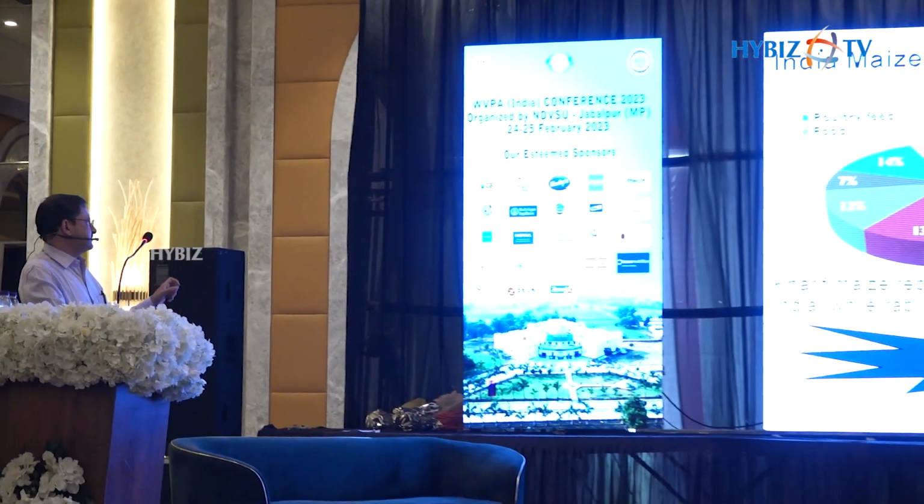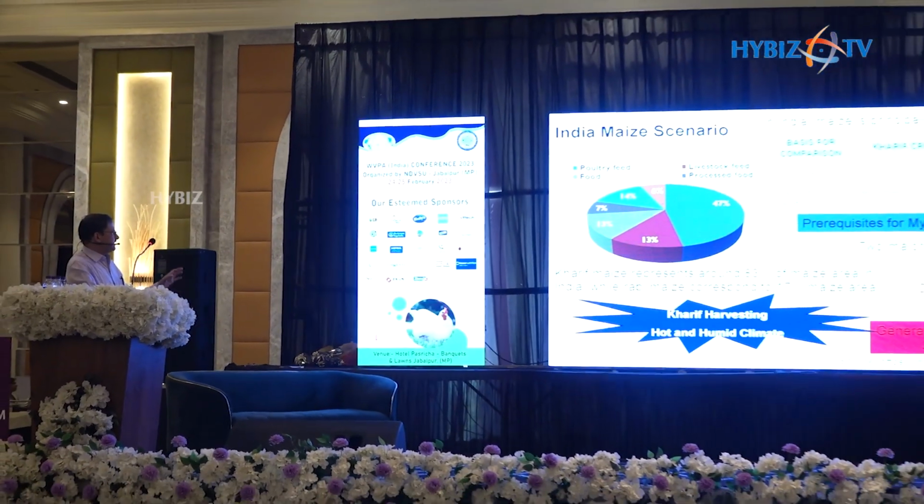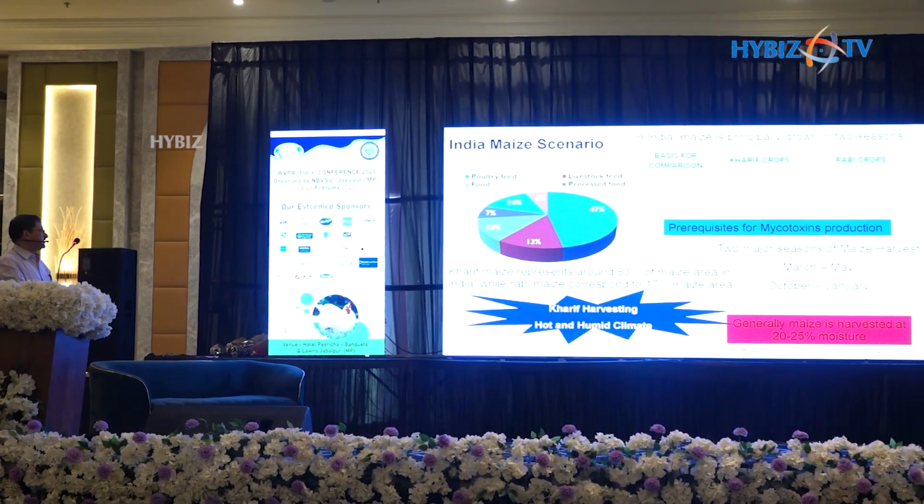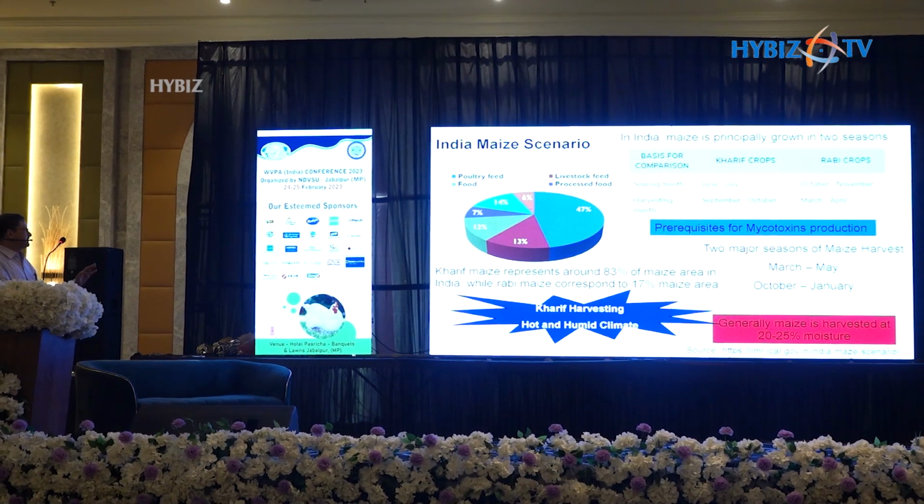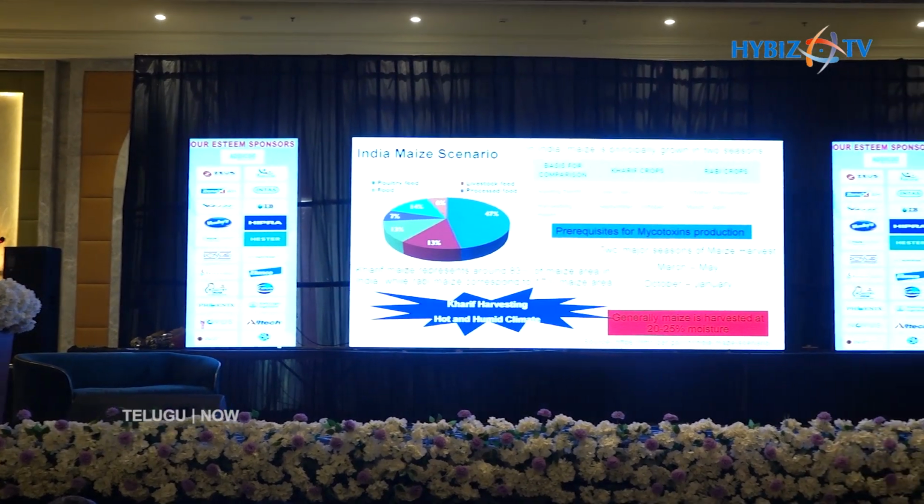If you see the maize scenario of India, particularly in Kharif season, harvesting is done in hot and humid climate, and generally maize is harvested at 20 to 25% moisture, and afterwards it is dried.